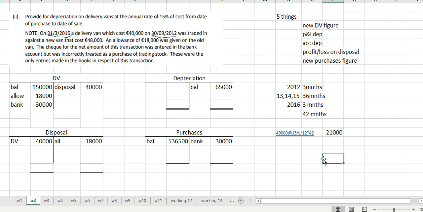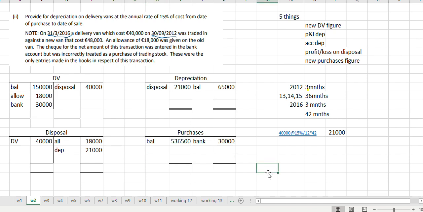So 21,000 would be your answer. Where does that go? That is your disposal depreciation of 21,000. So we debit depreciation, we credit the disposal account, 21,000. Okay, so that's the information for that.